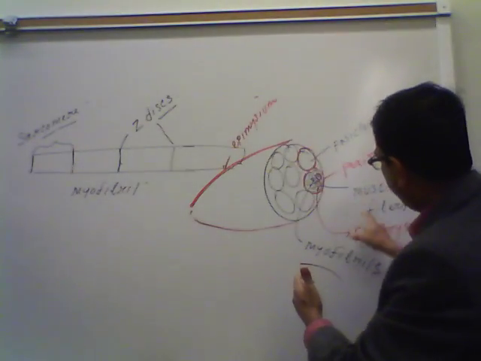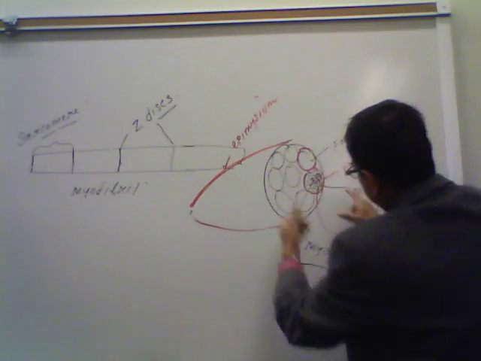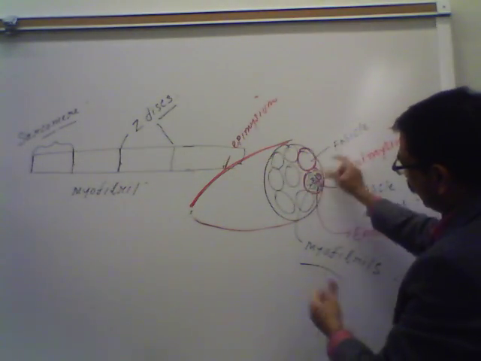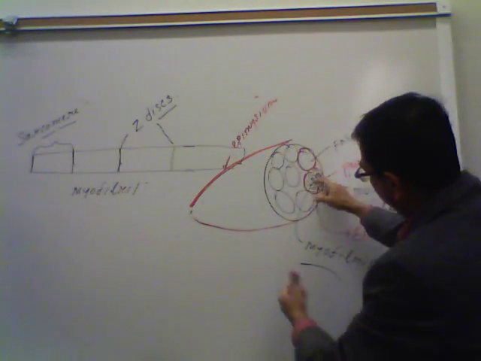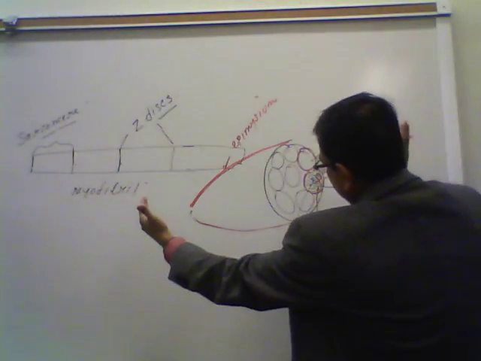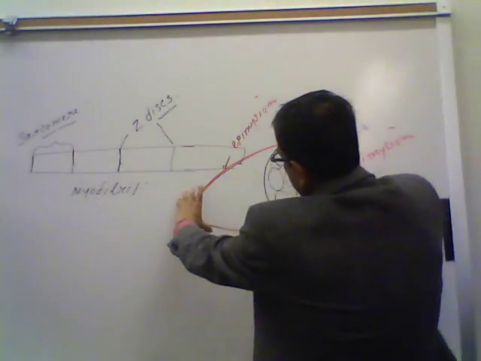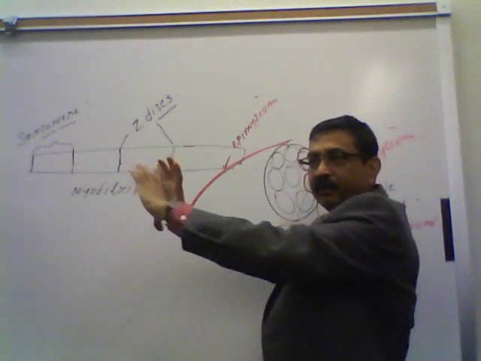Now, inside the muscle fiber, when all myofibrils get shorter at the same time, the muscle fiber gets shorter. When all muscle fibers get shorter at the same time, the muscle fascicle gets shorter. When all these fascicles get shorter at the same time, the whole muscle contraction occurs. Make sense?